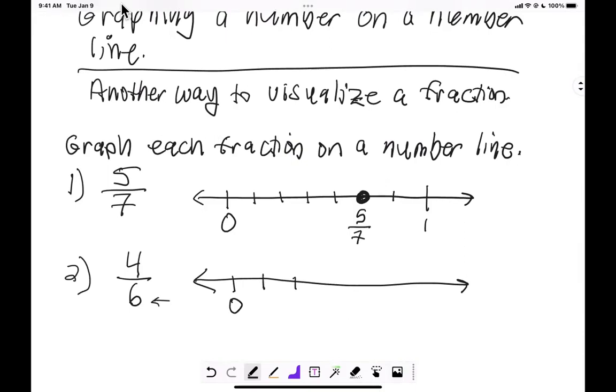1, 2, 3, 4, 5. Now that's 1. So that should be 6 pieces. Okay. So I broke between 0 and 1 into 6 equal pieces, and I want 4 of the 6. So 1, 2, 3, 4. Whoa, I did that wrong. Hold on. I'm adding it now. It's not right.